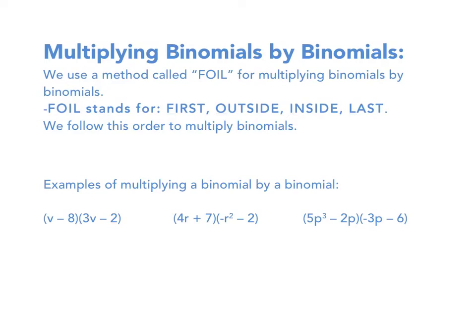So in this example, we would be multiplying our first 4r times negative r squared, then our outside terms 4r by negative 2, then our inside terms 7 by negative r squared, and lastly our last terms, 7 by negative 2. So we're going to take a look at how we do this.